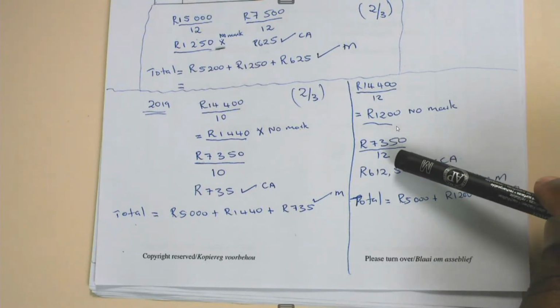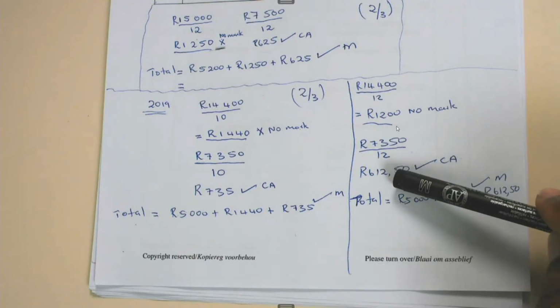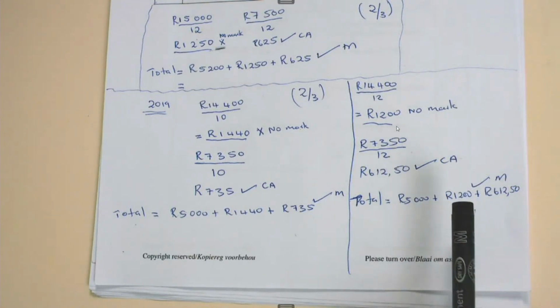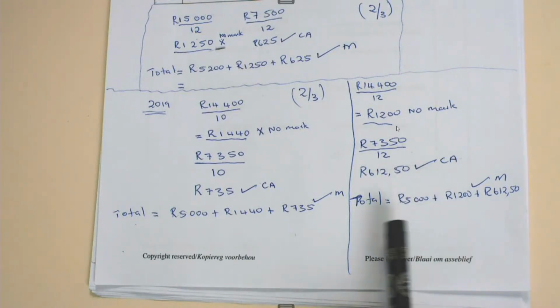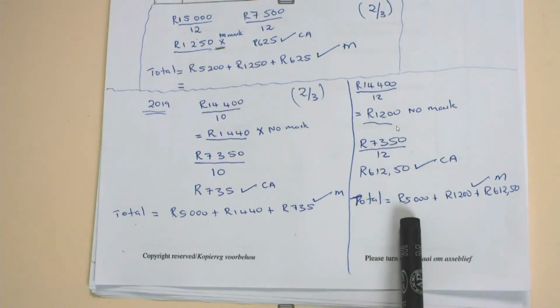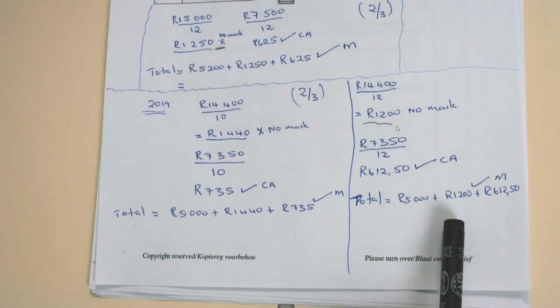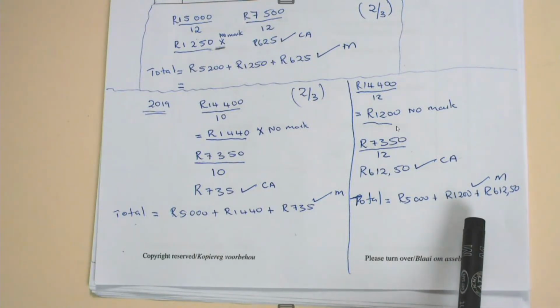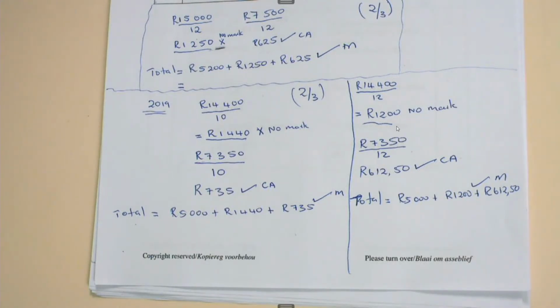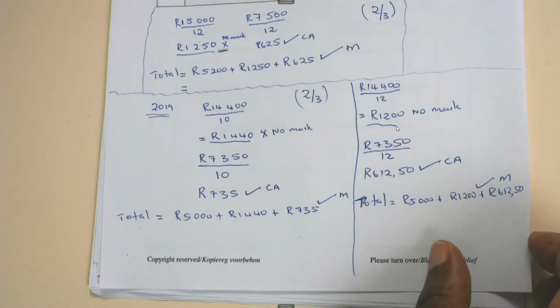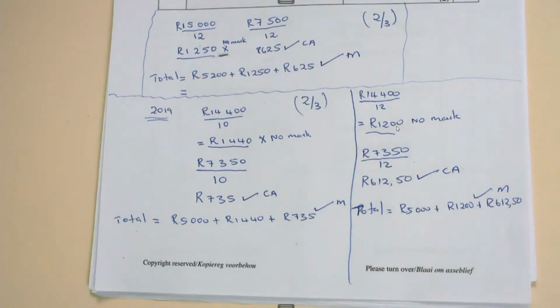The learner will get 612 and 50 cents. That's where you allocate 1 mark for CA, and then the total mark for adding 5,000 plus 1,200 plus 612 and 50 cents, you give 1 mark for method.